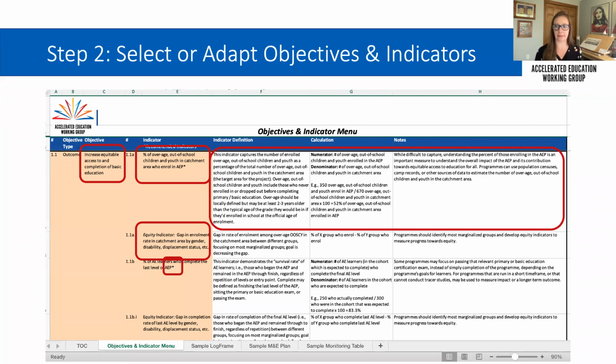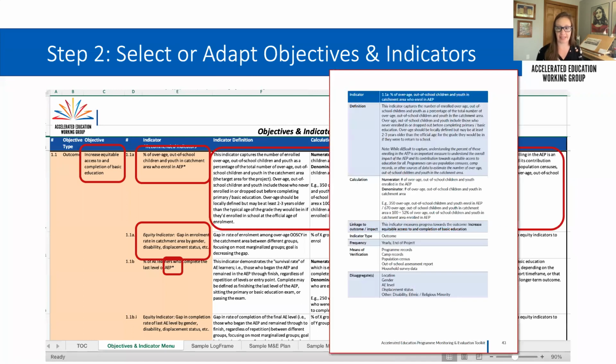And so the idea is that we really wanted to home in on the most important data to collect so that as we're building the evidence base as a community of EIE practitioners, we're able to have similar language, similar facts and figures to be able to make more assertions about the effectiveness and impact of accelerated education. And then for those specified indicators, we provide further clarification on how to define, calculate, and disaggregate them in a separate annex.